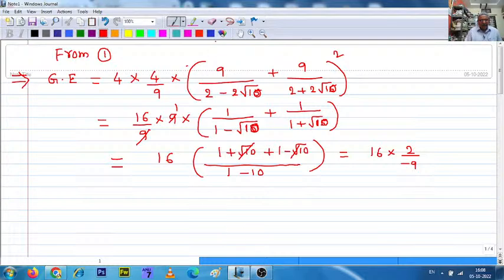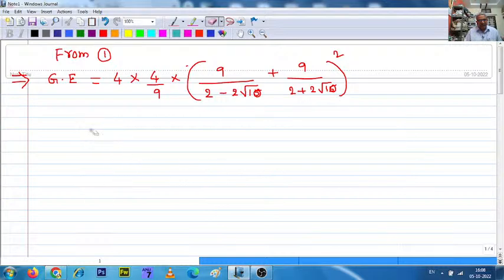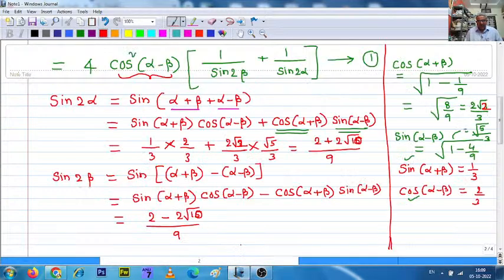Wait one minute, we made a mistake here, so we need to simplify once again. Let us wait. Here you will be getting how much, 3 into 3 is 9, okay, that's correct.